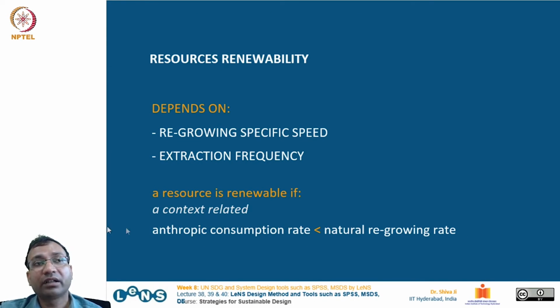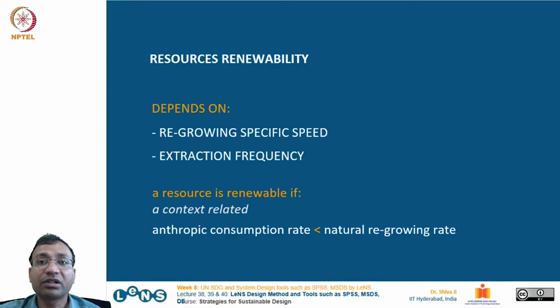So we are talking about resource renewability, which depends on regrowing speed and extraction frequency. A resource is renewable if, in context, the anthropic consumption rate is lesser than the natural regrowing rate. So nature has this replenishing capacity for natural elements. But there is always a threshold.